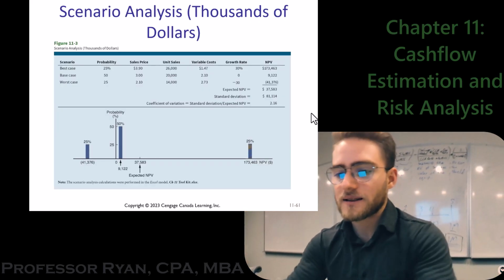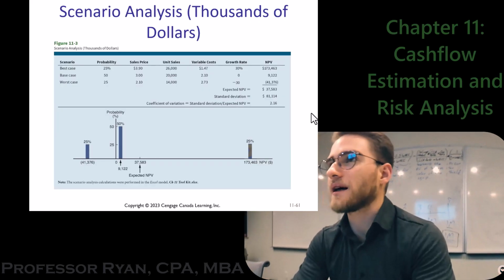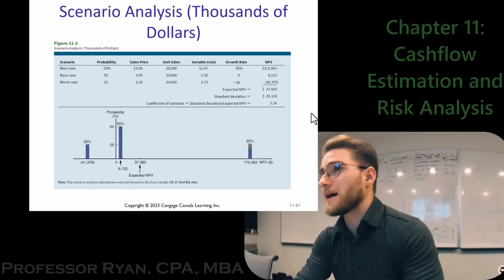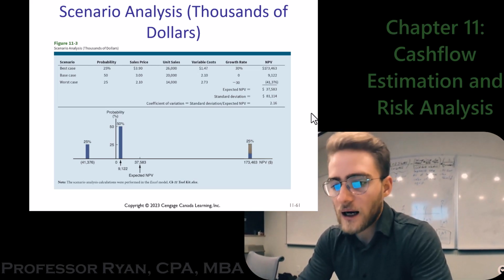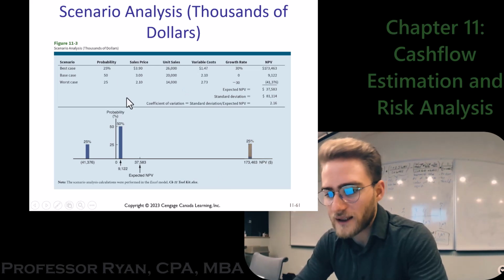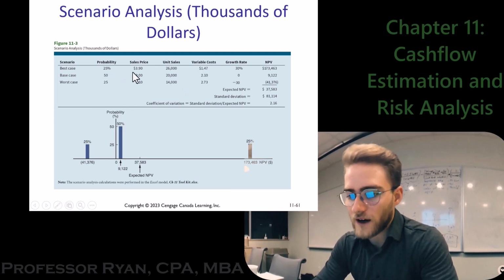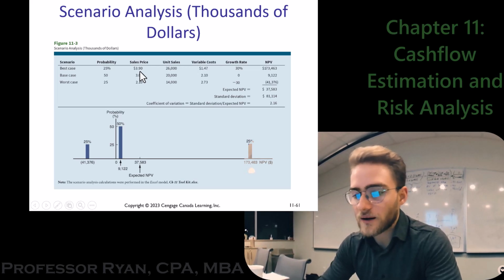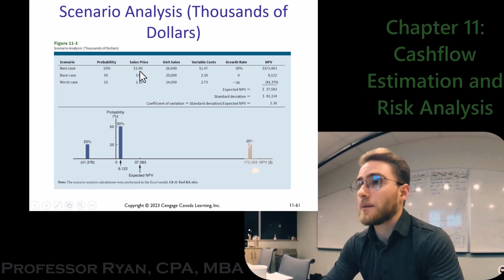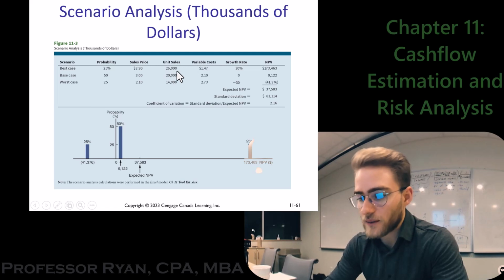So here, say you plug this into Excel and you say, this is my base case, this is my best case, this is my worst case, right? In the best case, the probability of this happening is 25%. The sales price would be $3.90, that's 30% above average. Our unit sales are 30% above average.